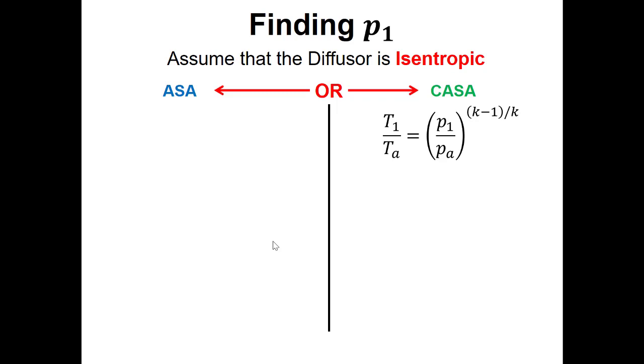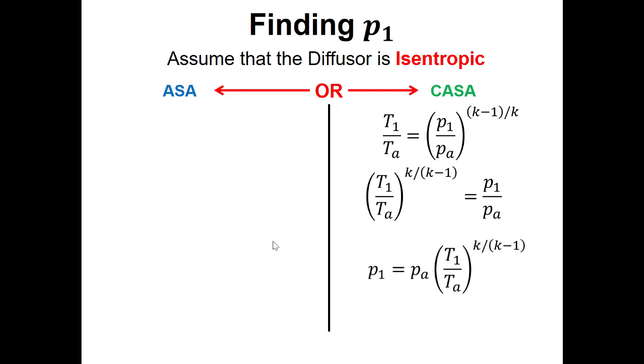Notice these are not delta T's, so I'm going to have my temperature in Kelvin and not Celsius. Here I know the temperature ratio because I just figured that out, and I want to find P1. So I can use this expression to find P1, and in this case, P1 is just under 37 kilopascals.